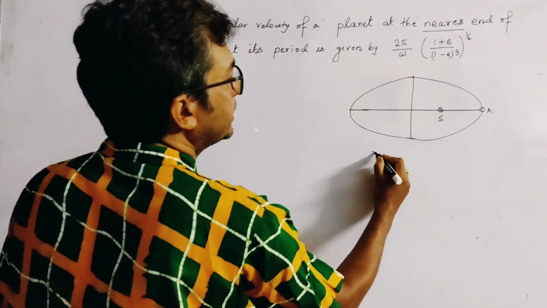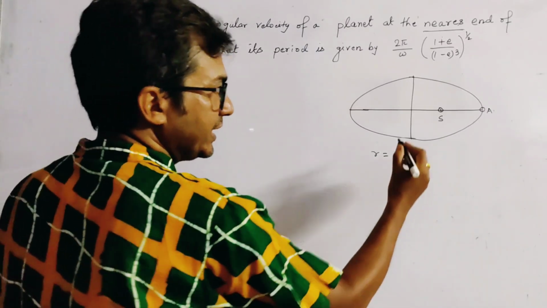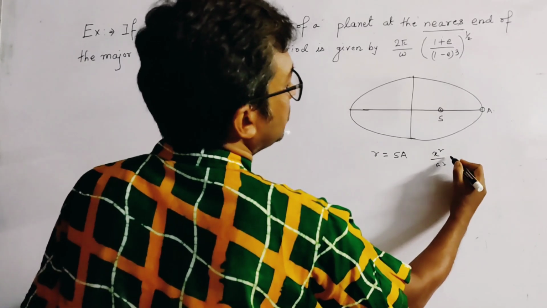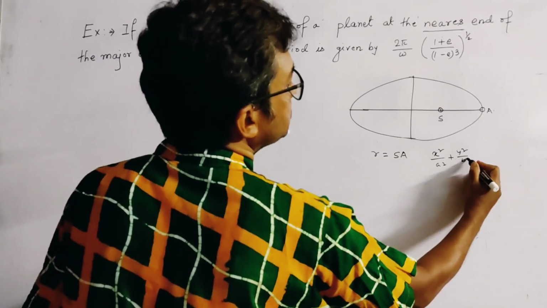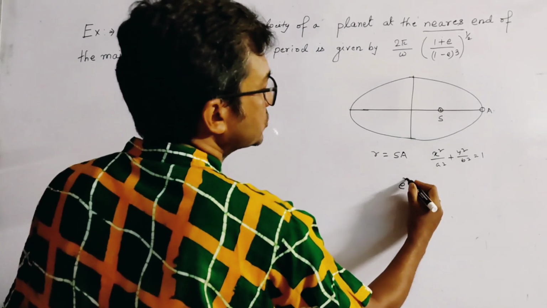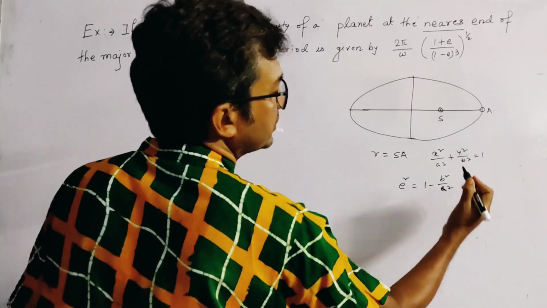So the radius vector r is equal to SA, and if this ellipse is given by x square by a square plus y square by b square equal to 1, then e square equals 1 minus b square by a square.